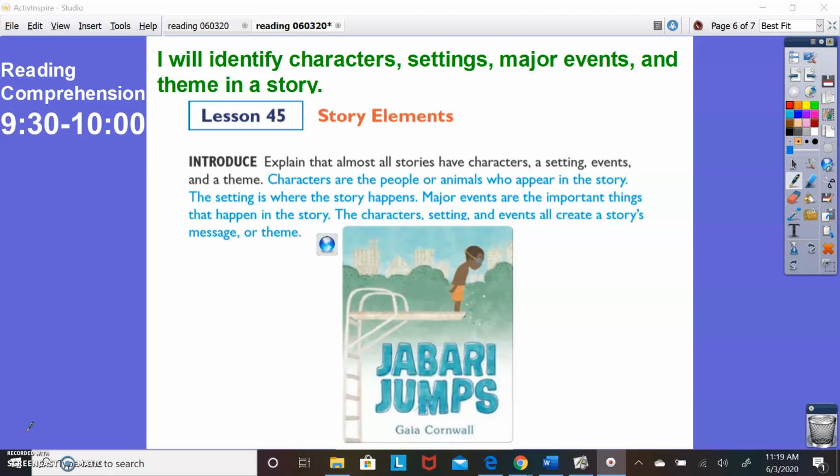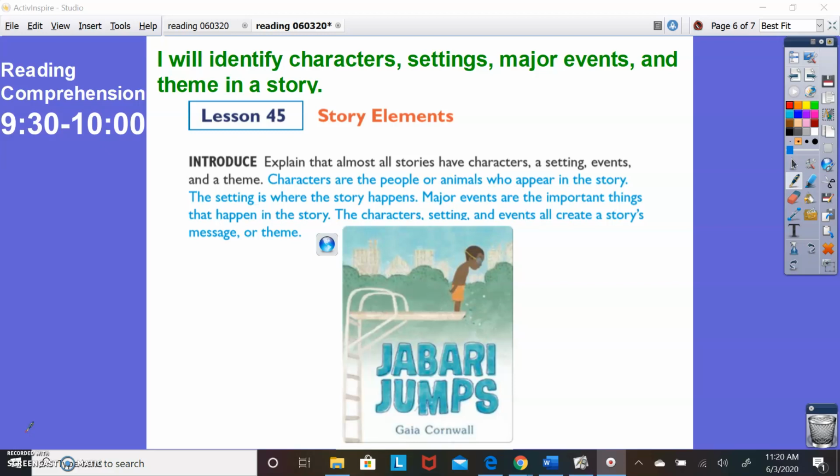And is this happening at daytime or nighttime? When is this happening? If we use the clues in the picture, we can tell it's daytime. So you see already just by looking at the cover of the story, we know Jabari is a character. We know that the setting is outside at the pool during the day, right?